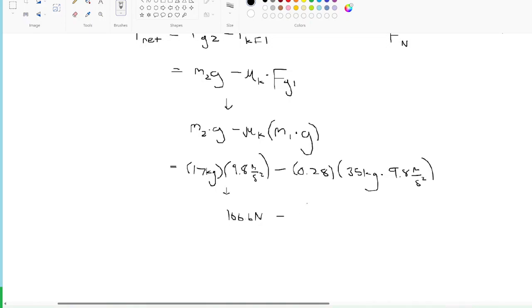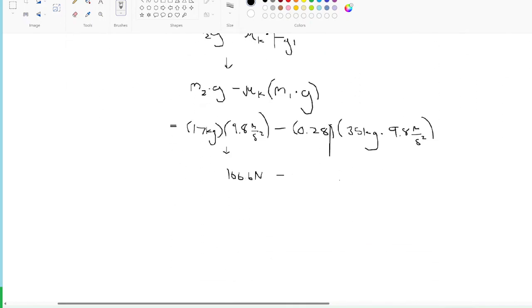And this right portion is going to be equal to 96.04 newtons. Which we can then simplify and calculate that the net force is going to be 70.56 newtons.